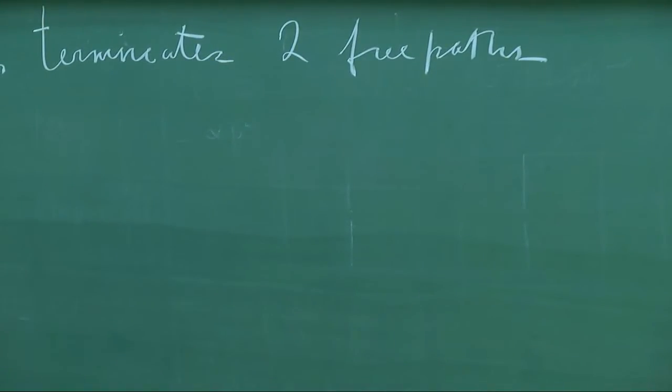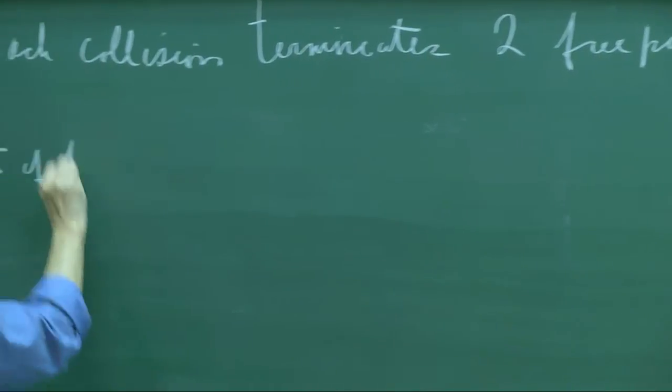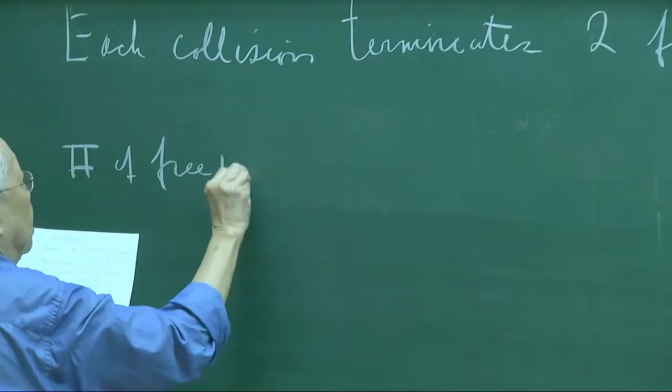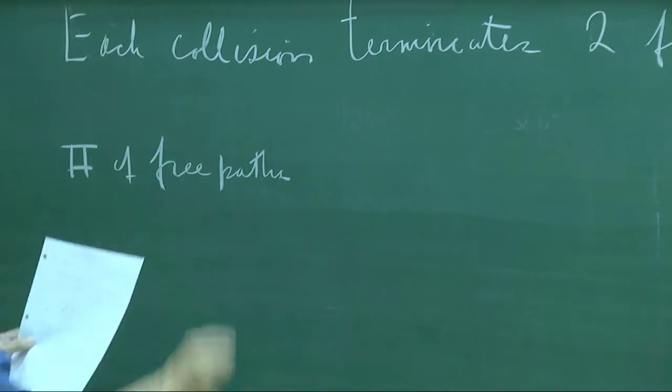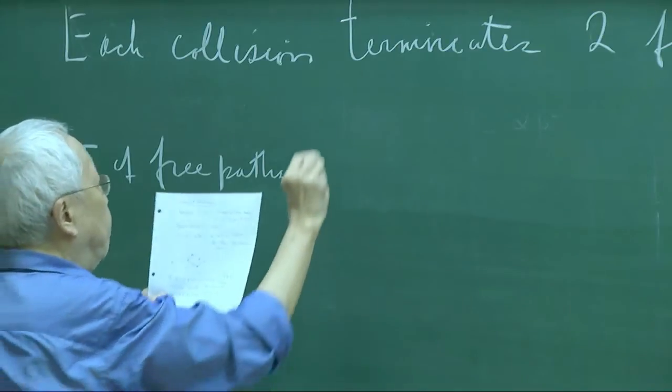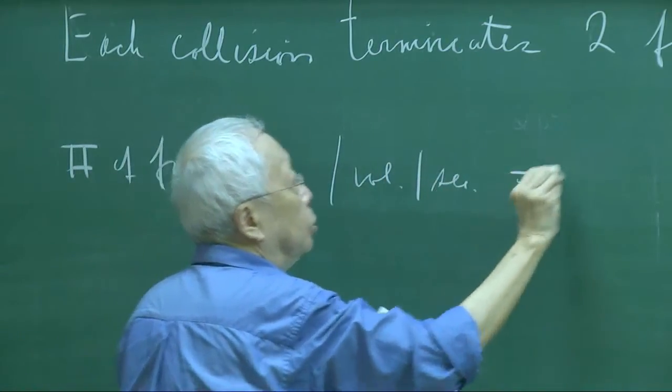Therefore, the number of free paths, that is the number of those in-between things, per unit volume per second is equal to 2Z.